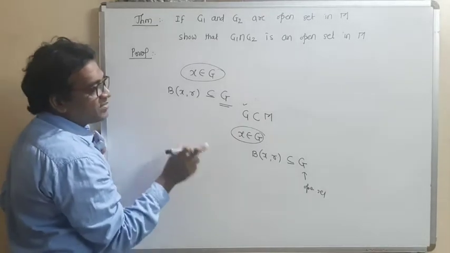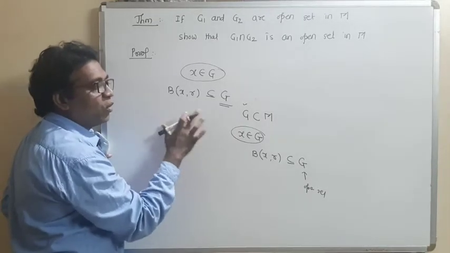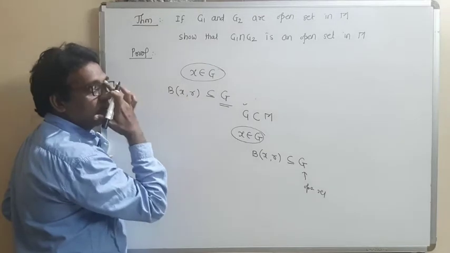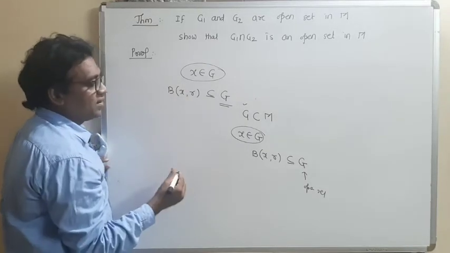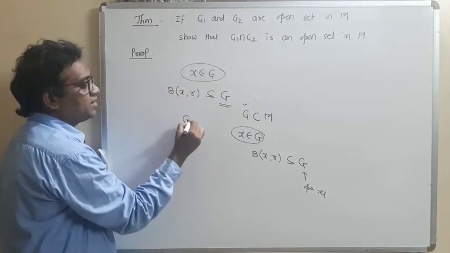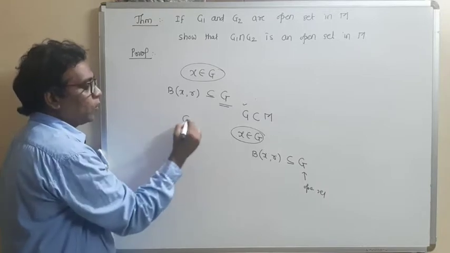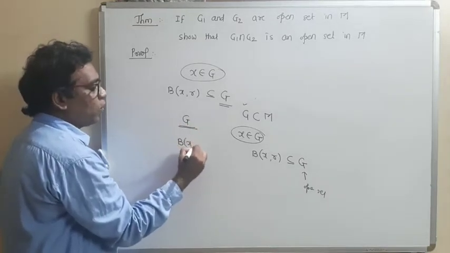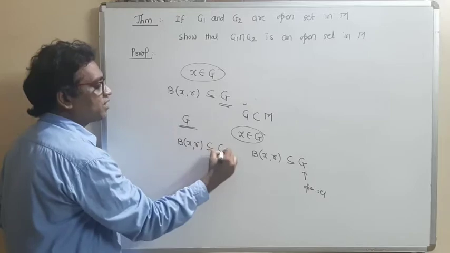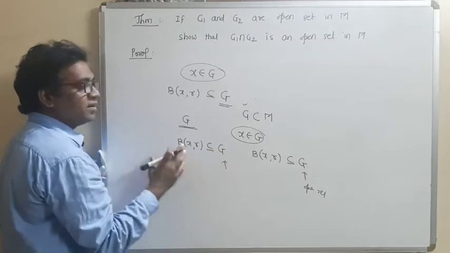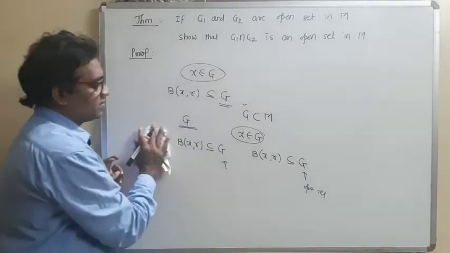So this is the basic idea for showing an open set. How to show that any set is an open set? A subset G is said to be open if we find some open sphere B(X, R) which is contained in G, then G is called the open set.